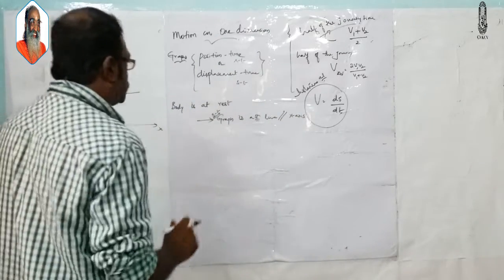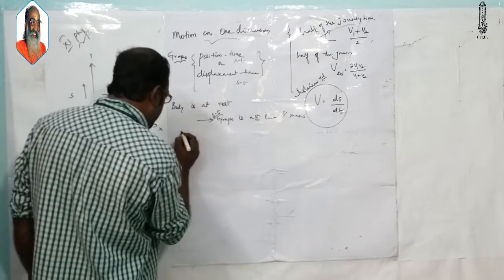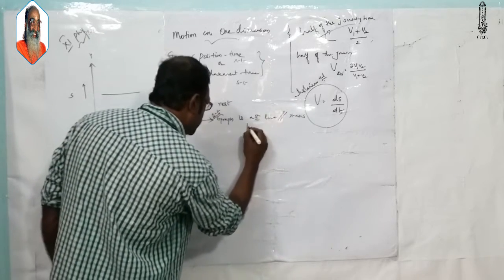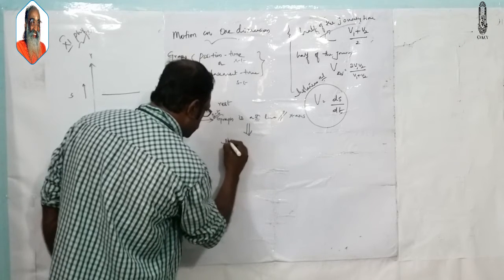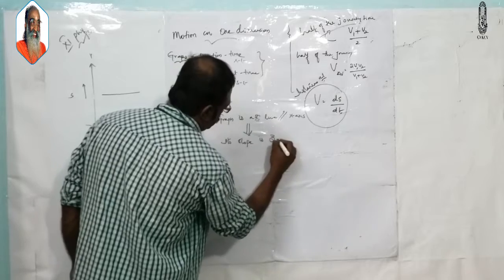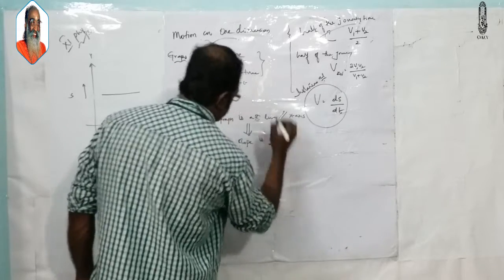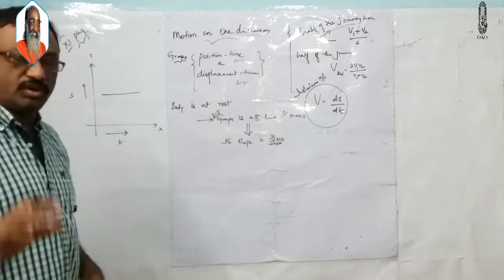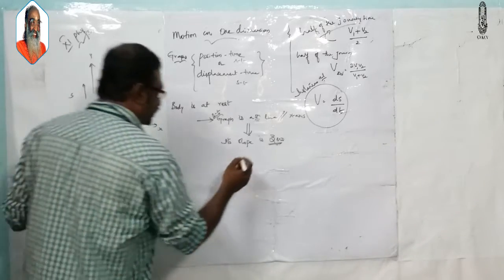And if a graph is a straight line parallel to the x-axis, it means that its slope is 0. In mathematics, you might have learned about this. If it is a straight line parallel to the x-axis, its slope is 0. Anyhow, we will discuss once again what is the meaning of the slope.